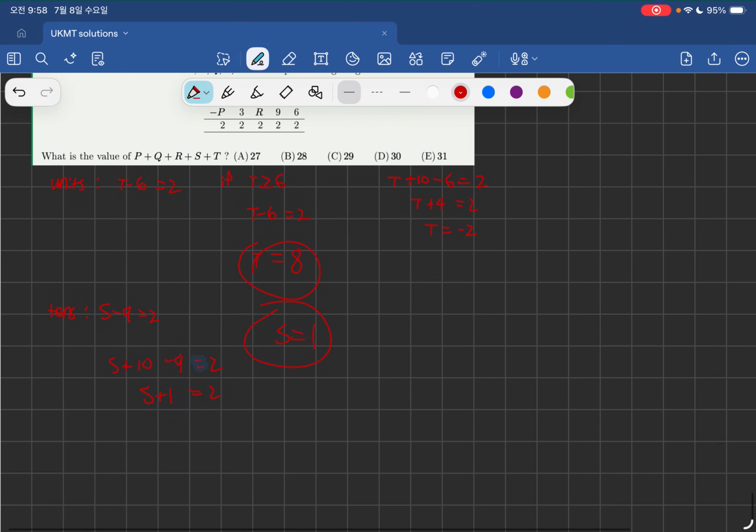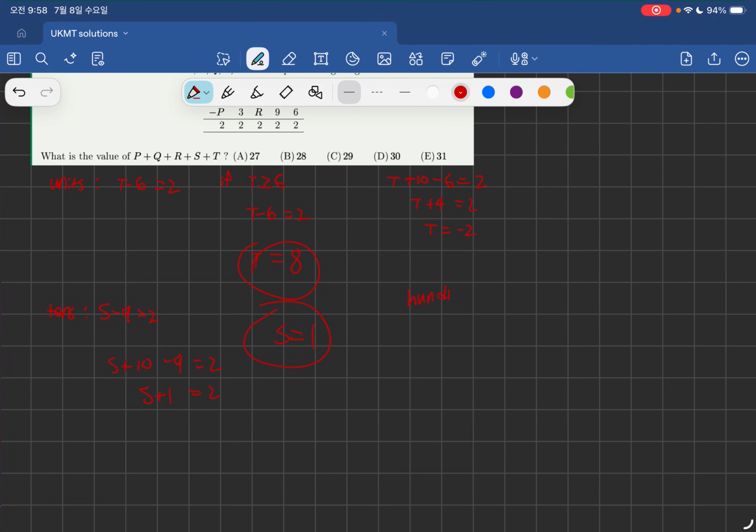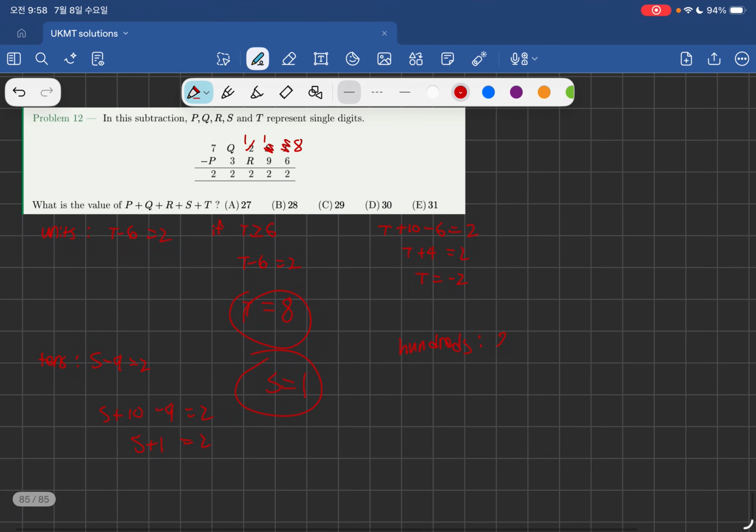Same for the hundreds column. We have to borrow, and it's going to be 2 minus R, which is the original equation, but then since we lent to the tens column, we have to subtract 1, and that is equal to 2.